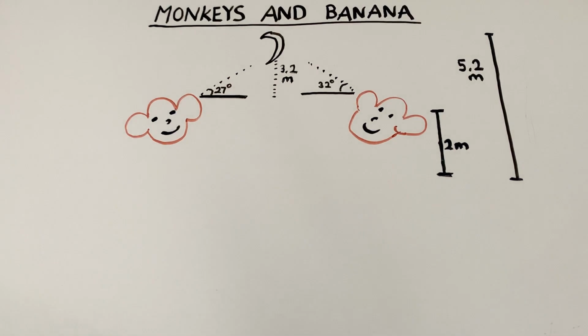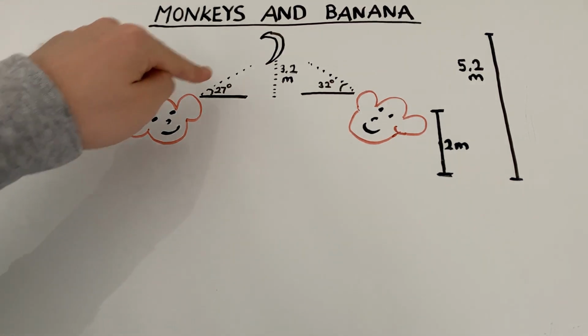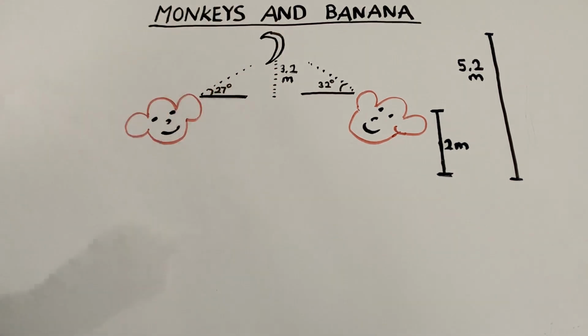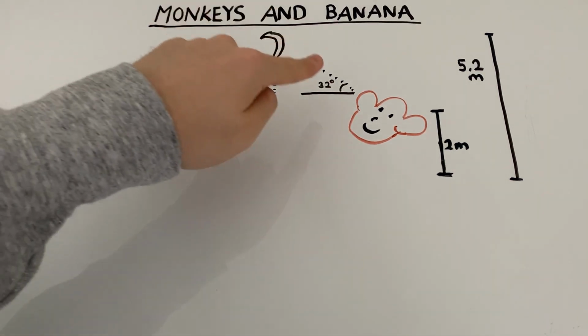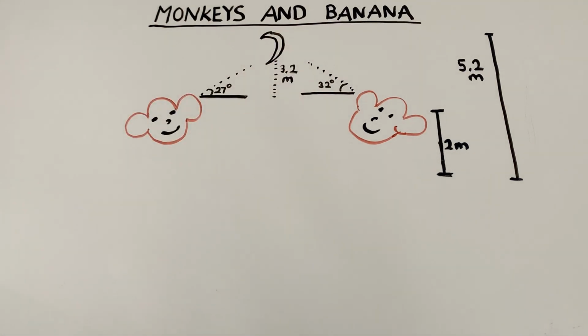All right. Now, if you'll notice, we have two triangles. There's one involving the 27-degree angle and the other one involving the 32-degree angle. So let's draw them out.